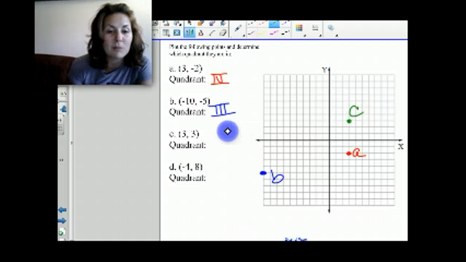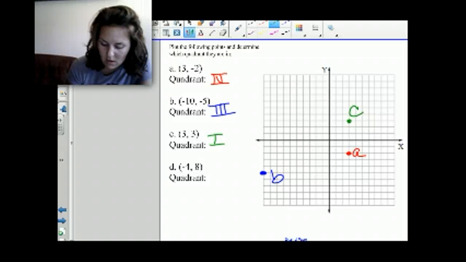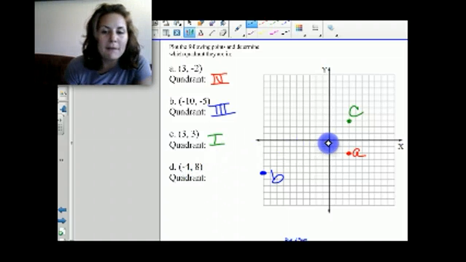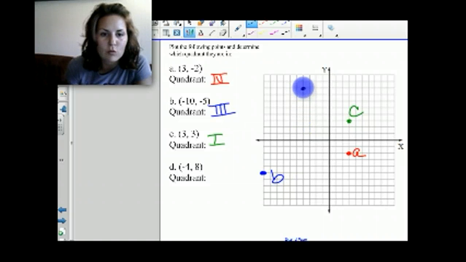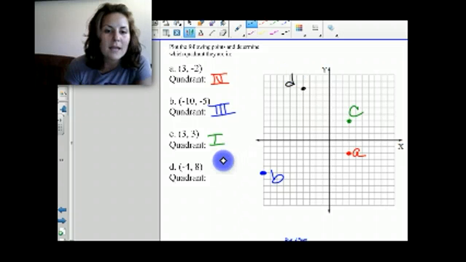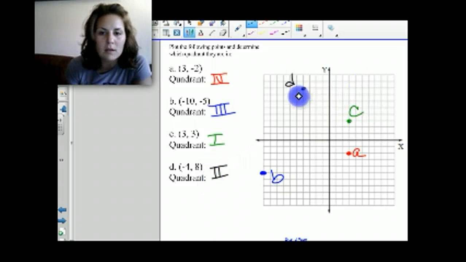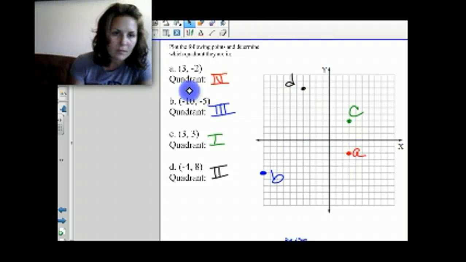That's point C, and it's in quadrant 1. And lastly, (-4, 8). We go to the left 4, and up 8. That's point D, and that's in quadrant 2. The quadrants go 1, 2, 3, 4.